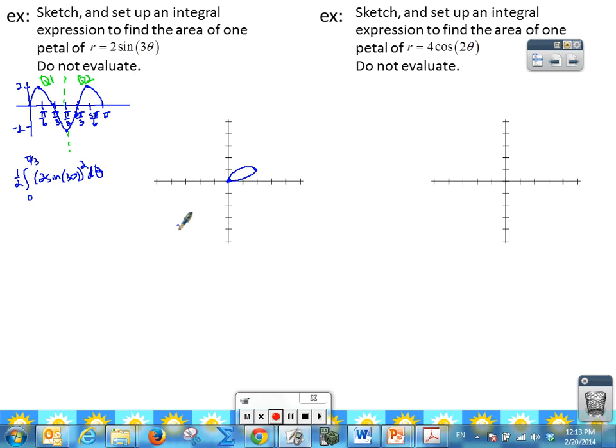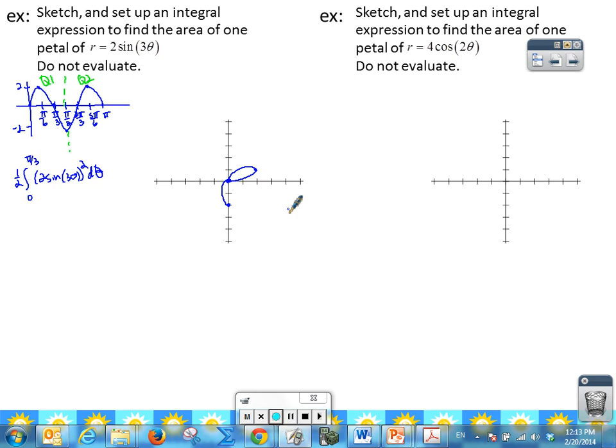So this petal right here, going between pi over 3 and 2 pi over 3, is going to put me down here. And at pi over 2, I'm at negative 2, which is here. So it puts me like that.